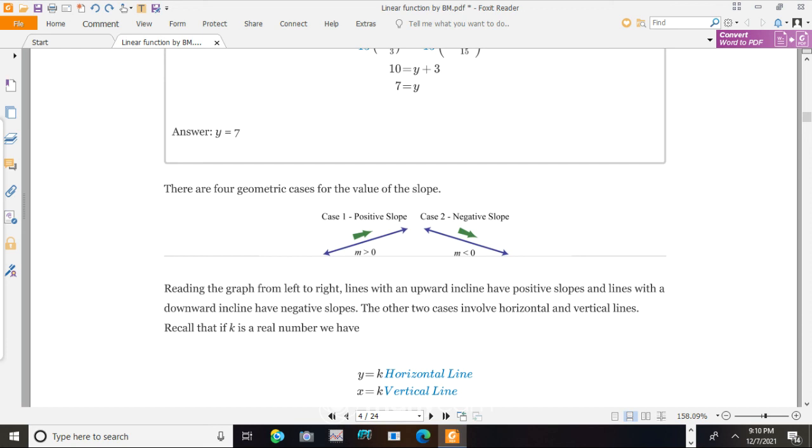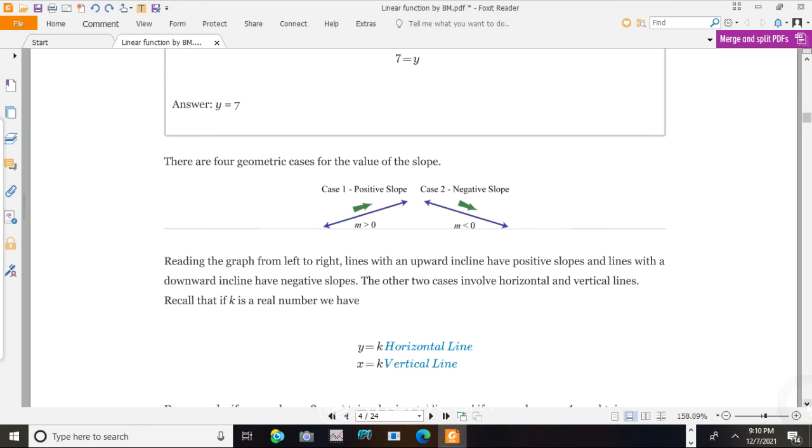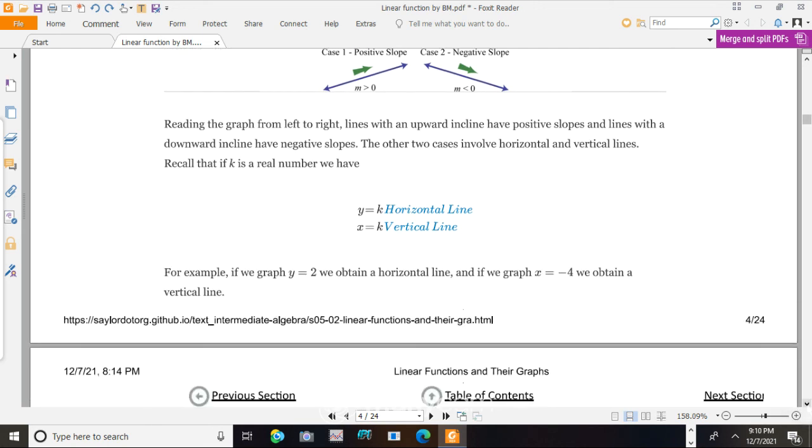If it's negative, it goes down from the left to the right. So it is very important to know qualitatively what type of graph it is. Reading the graph from the left to the right, a line inclined upward has a positive slope.